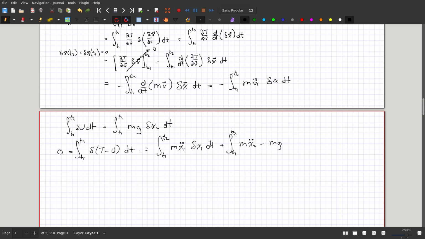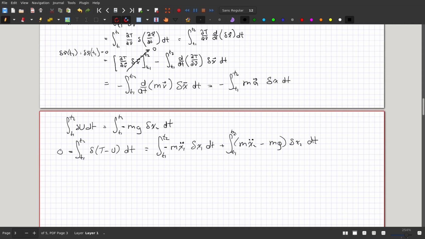I forgot a minus sign right here, so that minus sign goes there, and also goes there, dt. All of this is multiplied by delta x2 dt.